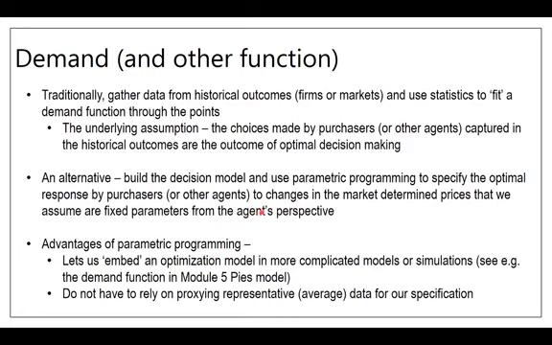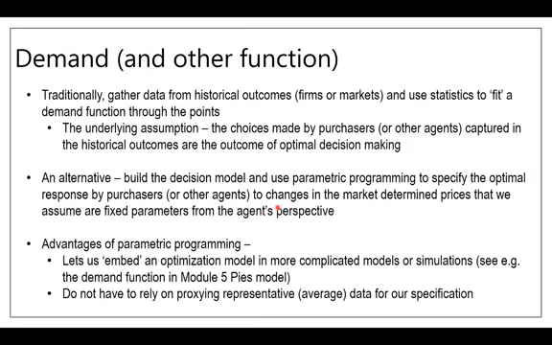Okay, and that's one option, and there are lots of cases where our firm is too idiosyncratic to believe that we face the market demand curve, because the market demand curve, you may have learned, is the summation of everyone in the market.